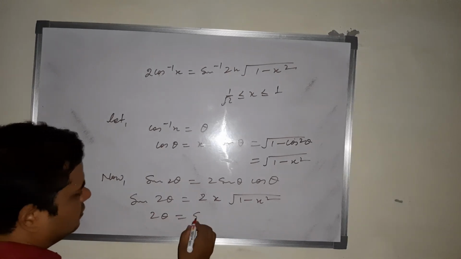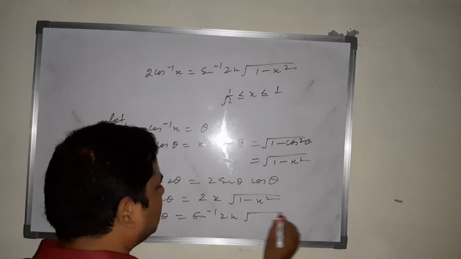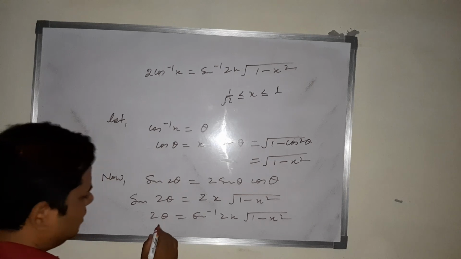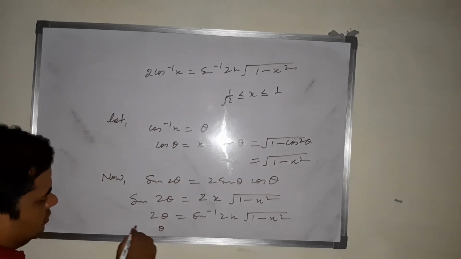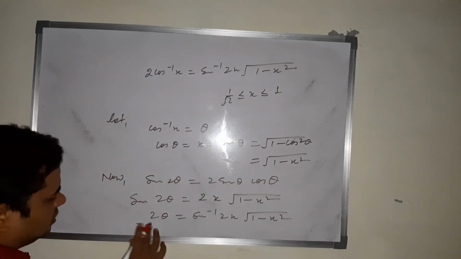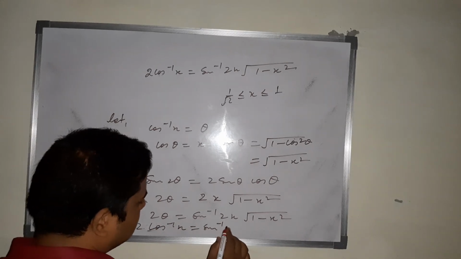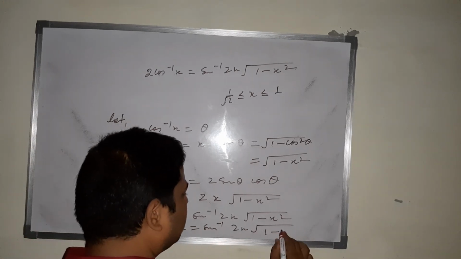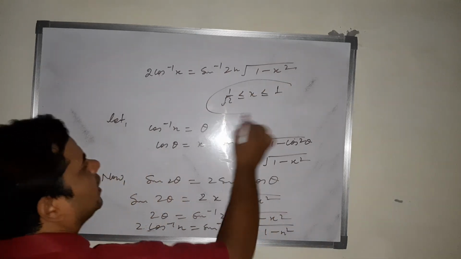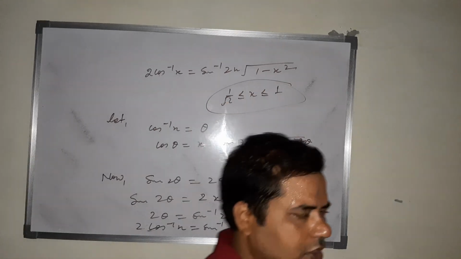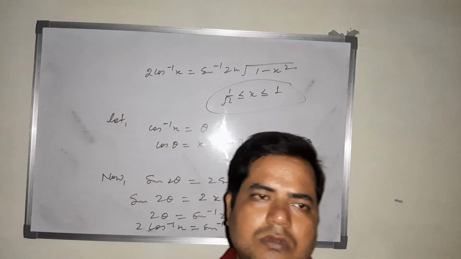So 2 theta is equal to sin inverse of 2x root of 1 minus x square. This means 2 cos inverse x is equal to sin inverse of 2x root of 1 minus x square, but x belongs to the closed interval 1 by root 2 to 1.